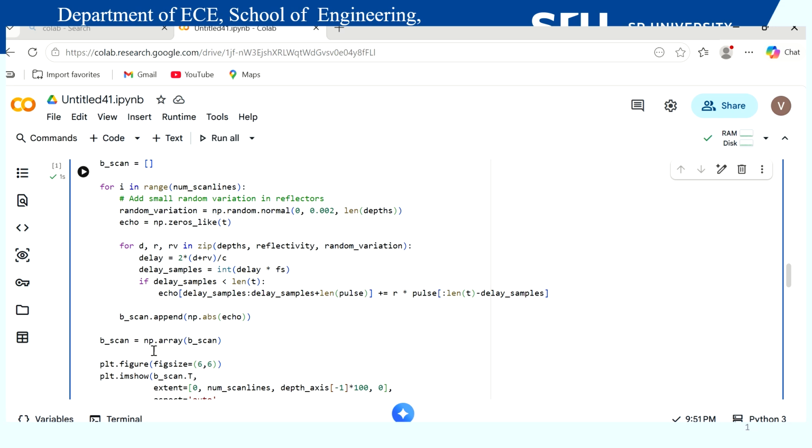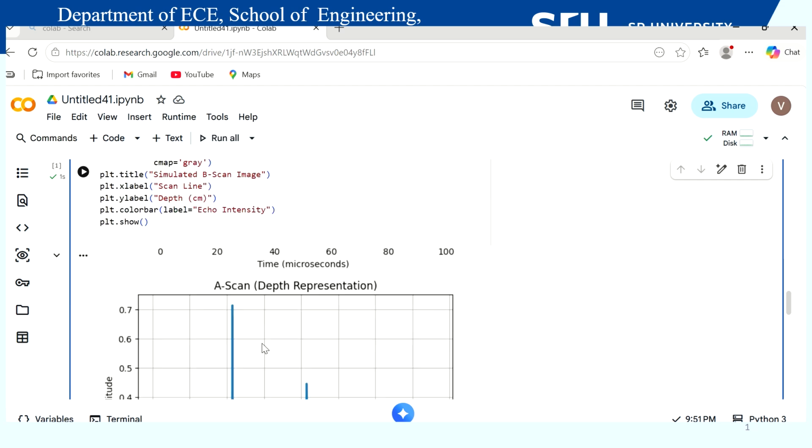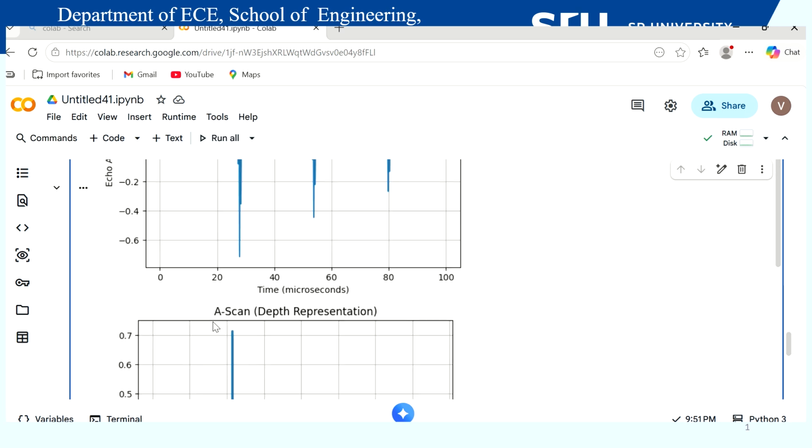It displays the B scan image. So that is what is here: plt.figure(figsize=(6,6)), and then imshow, which shows how it is displayed. So we are having the outputs here. This is shown in the grid because we started with the grid plot. Thank you.